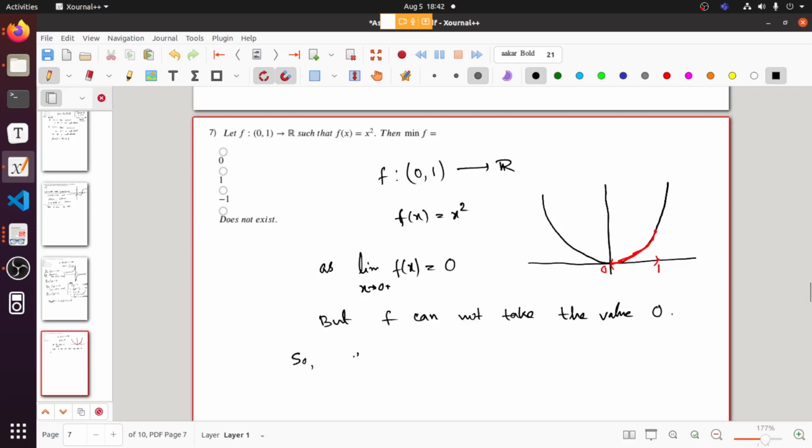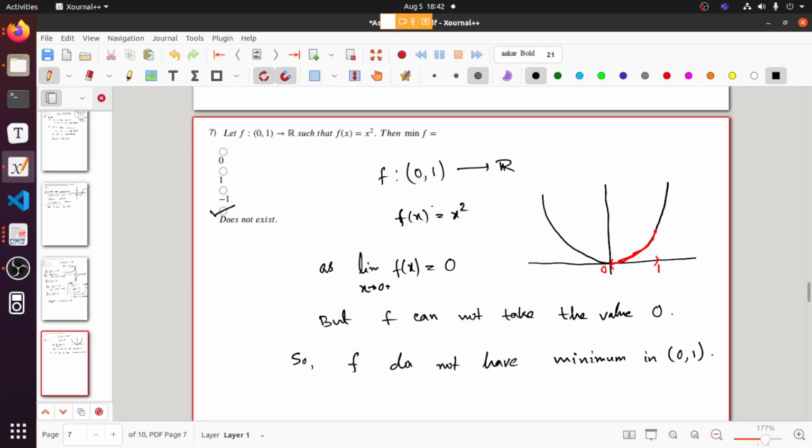So f does not have a minimum in (0,1), because as x tends to 0 it goes to 0, but 0 is not in the range of f, right? So the minimum does not exist.